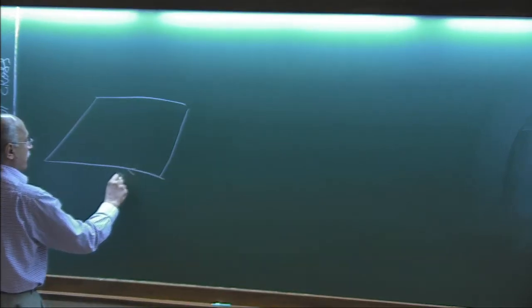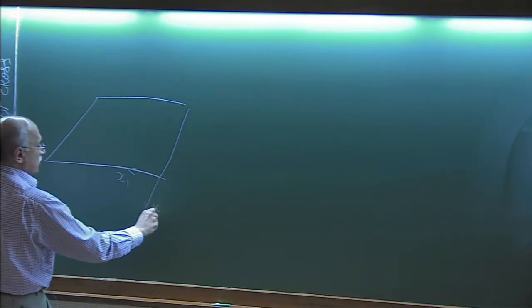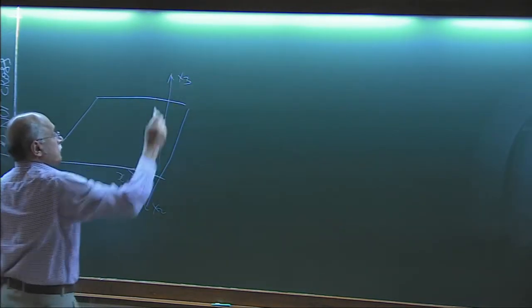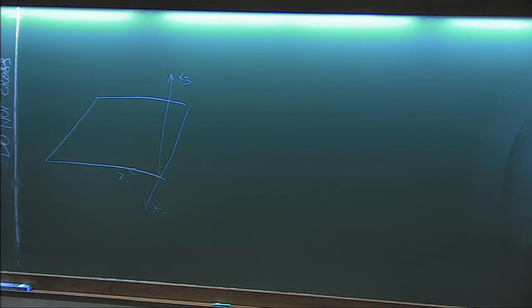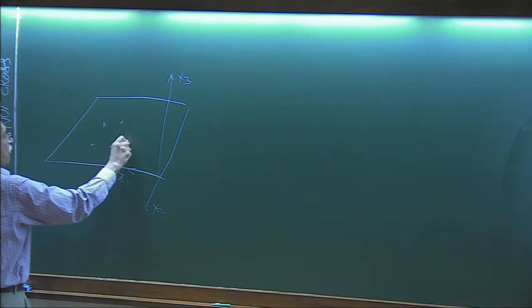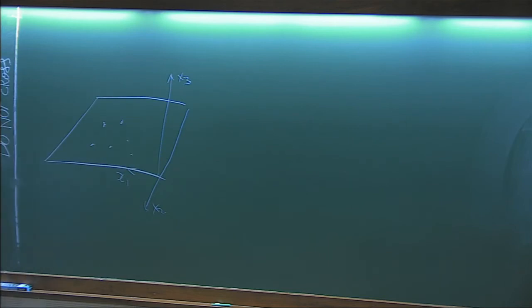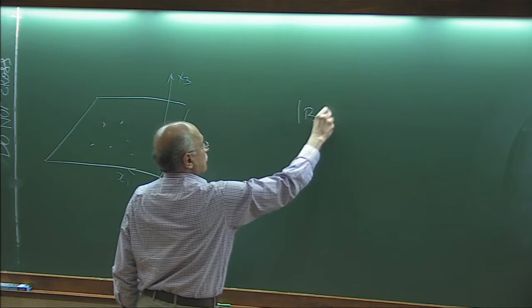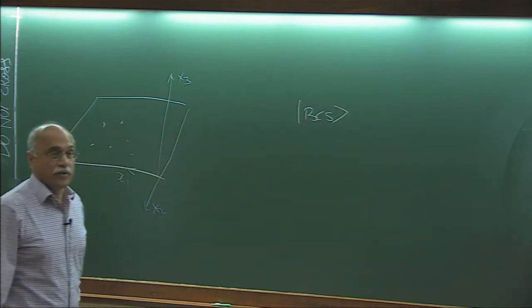This is the X1 direction. This is the X2 direction, and X3 is like that. The p plus ip superconductor lives in this plane, and let's pick a few points. And the state, I'm going to call it the BCS state, whatever the superconducting wave function is.